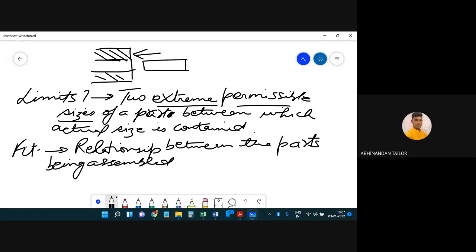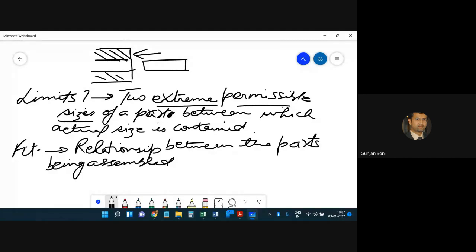Go and no go. No, that's gauge. So fit, you can say, we have interference fit, clearance fit, and transition fit. Have you heard about this? Anyone? Okay. So it is the relationship between the parts being assembled.